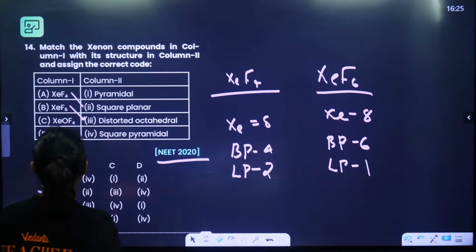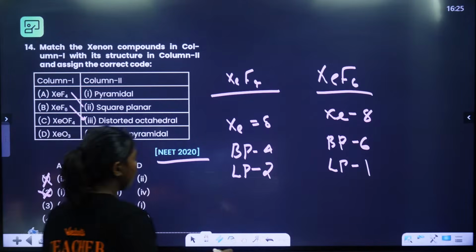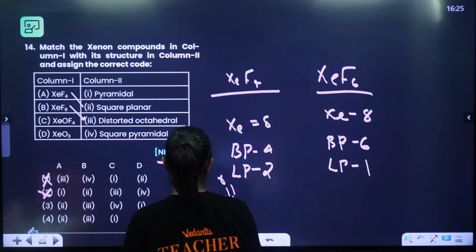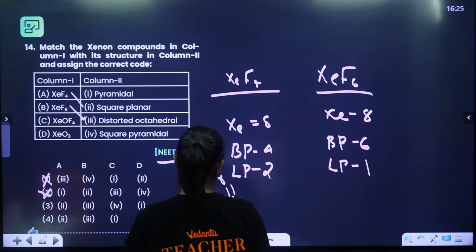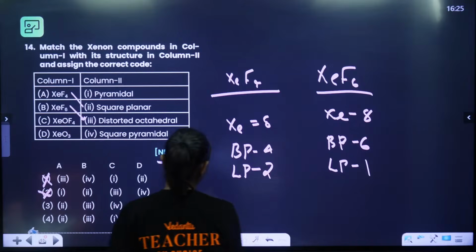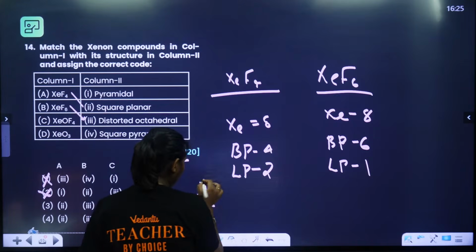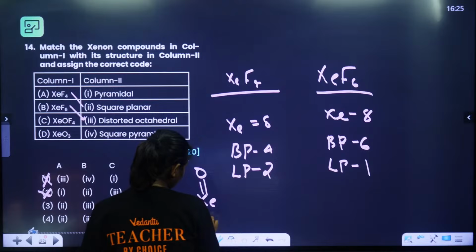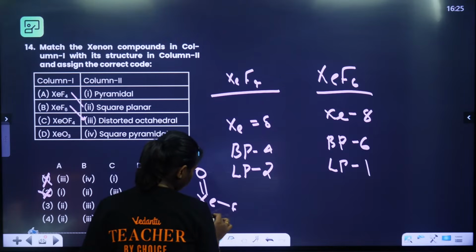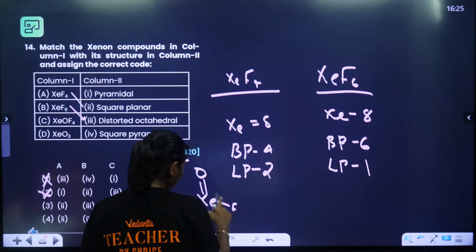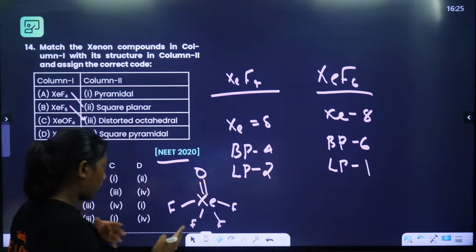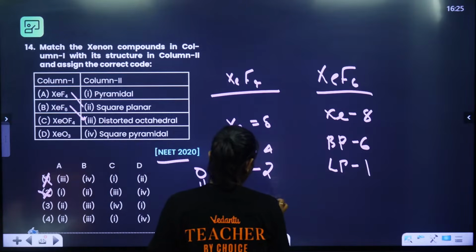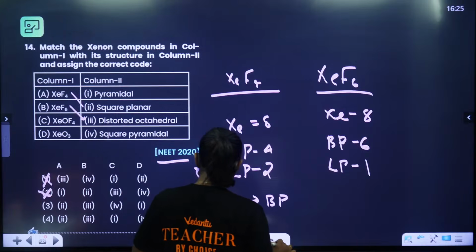Then next we can consider XeOF4, okay, xenon. So here you can see, I'm not drawing the proper structure. Fluorine is there, fluorine is there, fluorine is there, fluorine is there. So 1, 2, 3, 4, 5, 6, okay, 6 electrons are bonded. So how many lone pairs are there? Bond pair is 1, 2, 3, 4, 5.